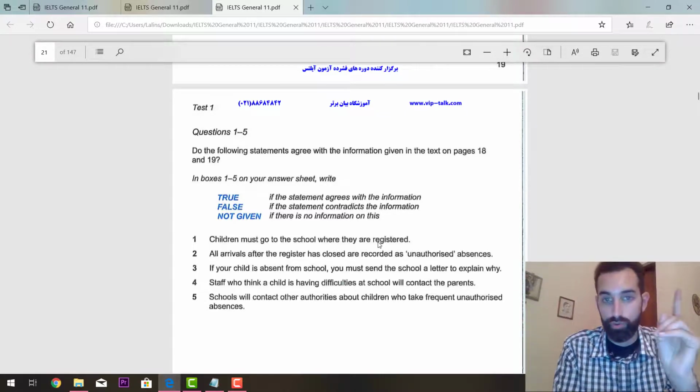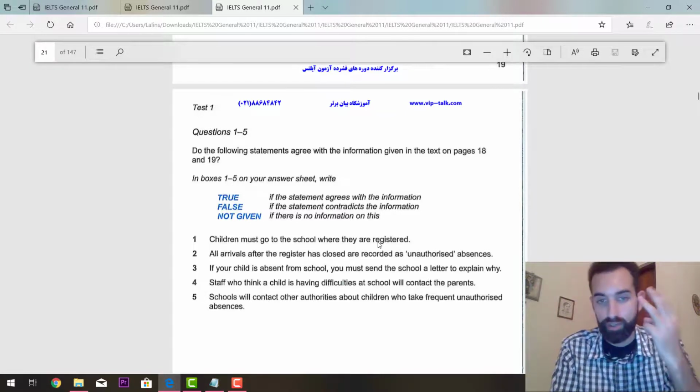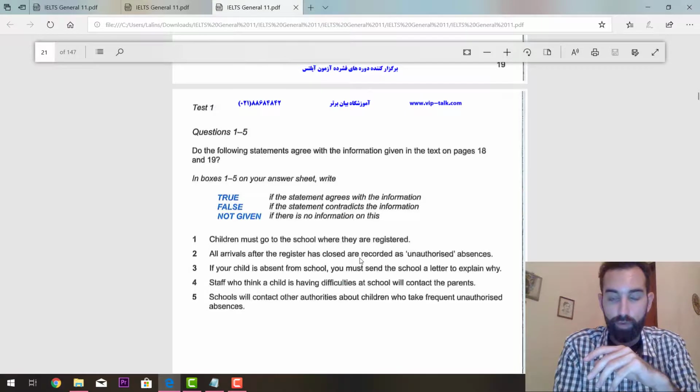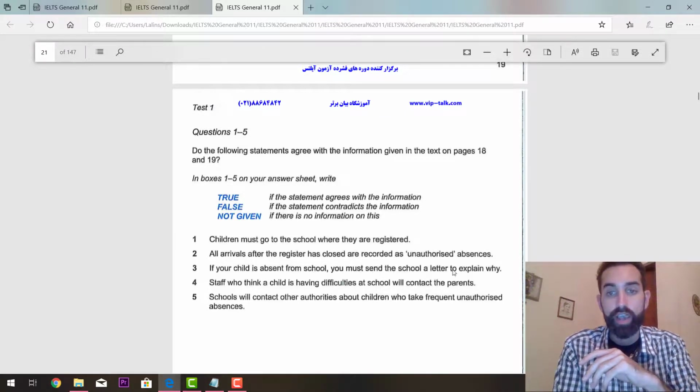And we'll be looking to see if that's true, if they say that's true in the information above, or if they say that's wrong, they say they don't have to go to school, in which case you would say this is false, or if it's not mentioned at all, in which case you would say not given. So we'll be doing that for all of these, such as 2, all arrivals after the register has closed are recorded as unauthorized absences. 3, if your child is absent from school, you must send the school a letter to explain why. 4, staff who think a child is having difficulties at school will contact the parents.